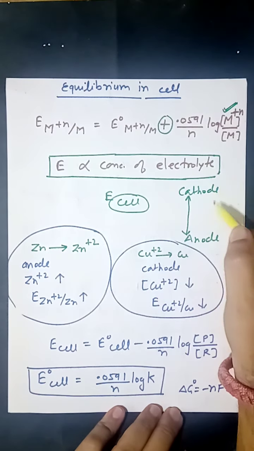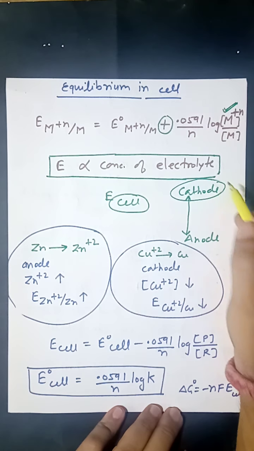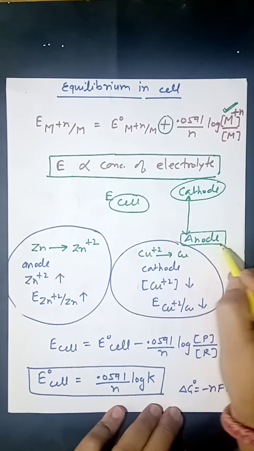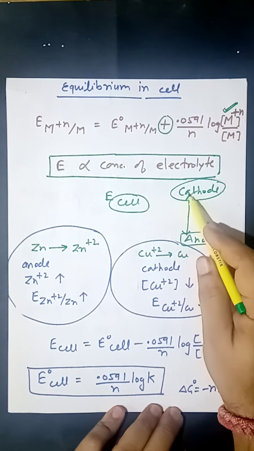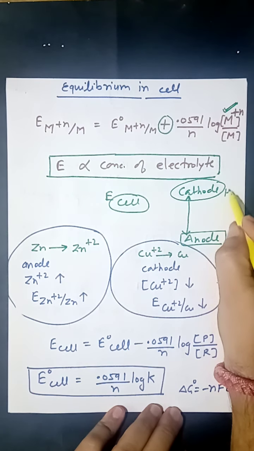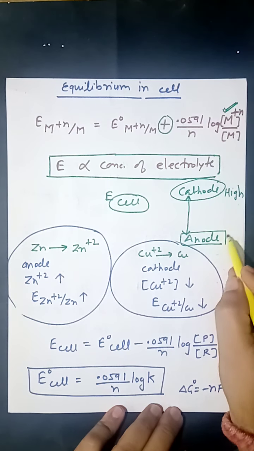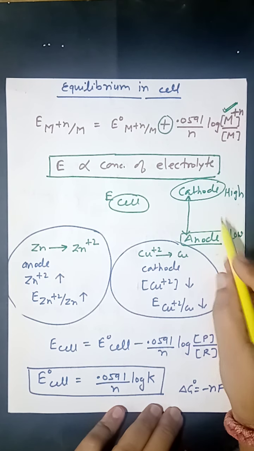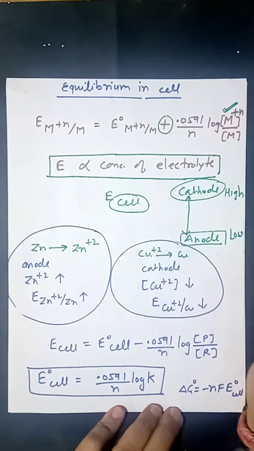Now in a cell, we also know that the potential of cathode is more as compared to the potential of anode, and the difference between cathode and anode is known as cell potential. So cathode always has high potential, anode has low potential, and the difference is known as cell potential.